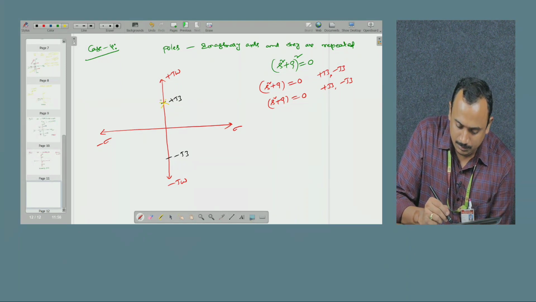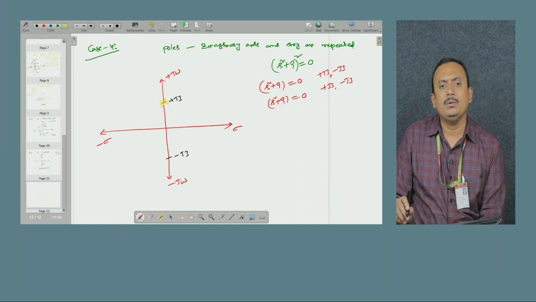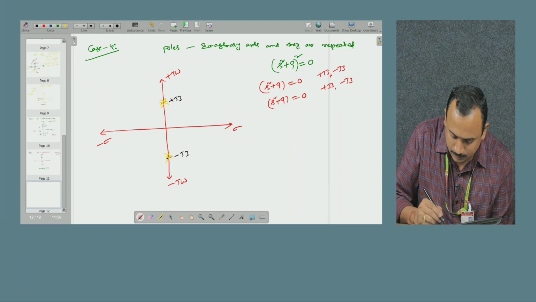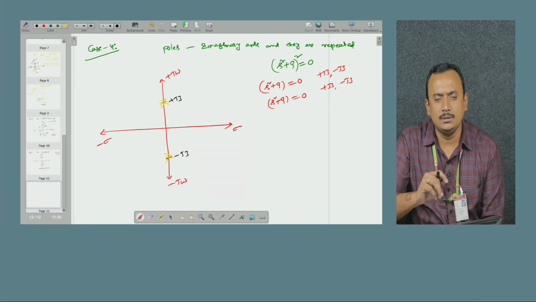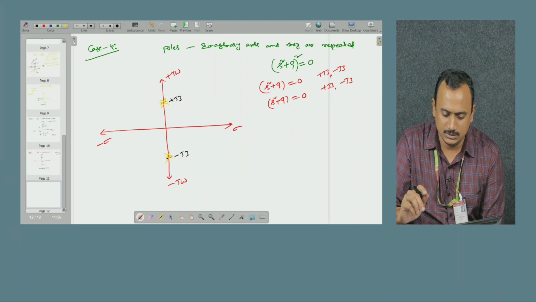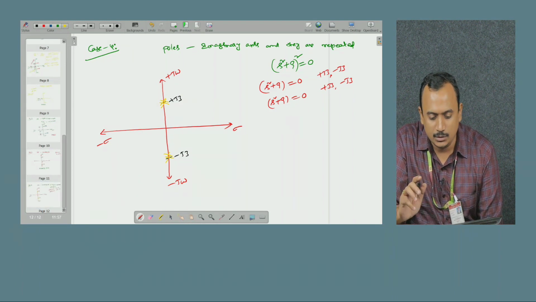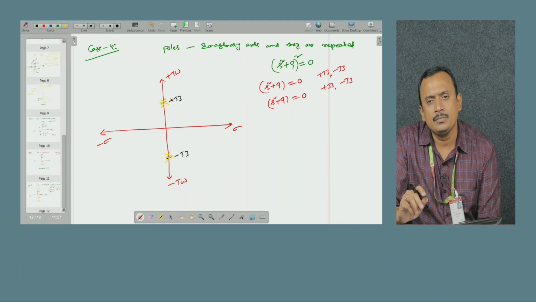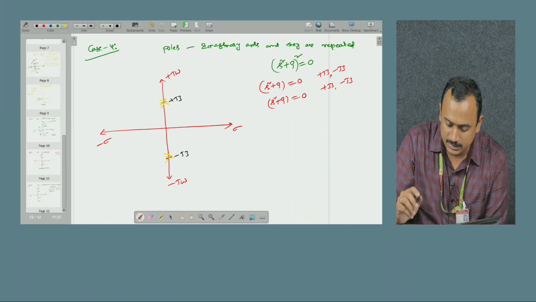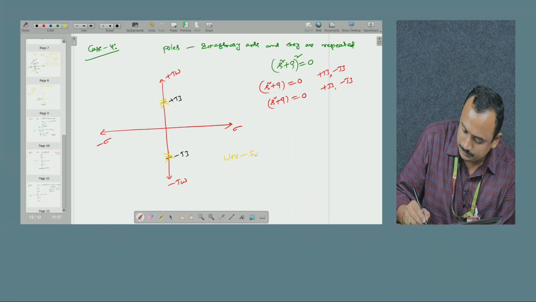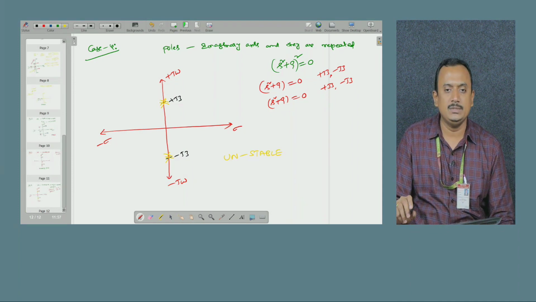So at plus j3 we have two poles, at minus j3 we have two poles. So this is how we are going to represent multiple poles. Now the conclusion is, if poles are on the imaginary axis and repeated, we can say the system is unstable.